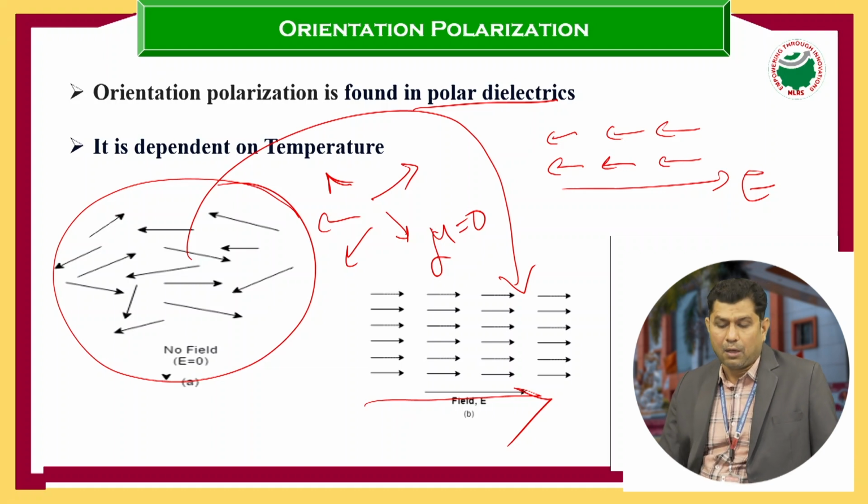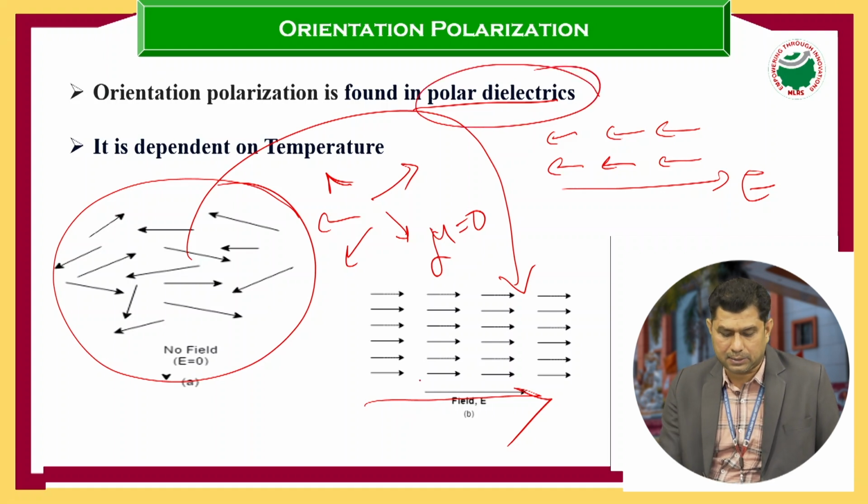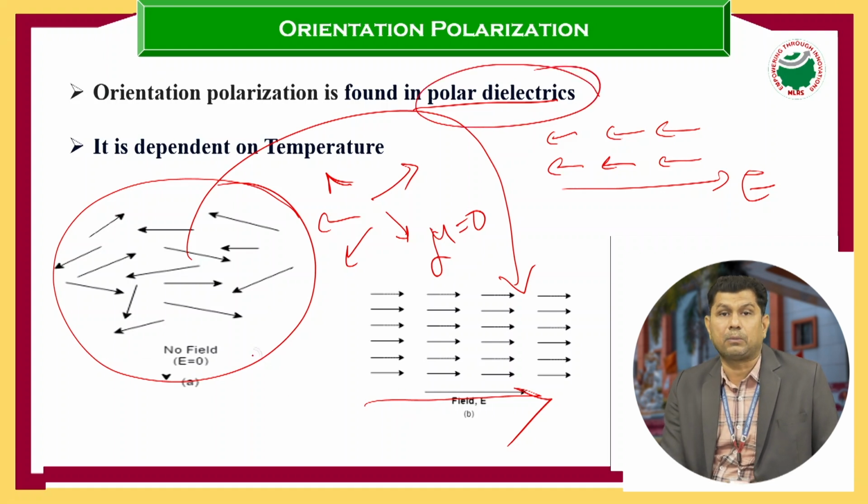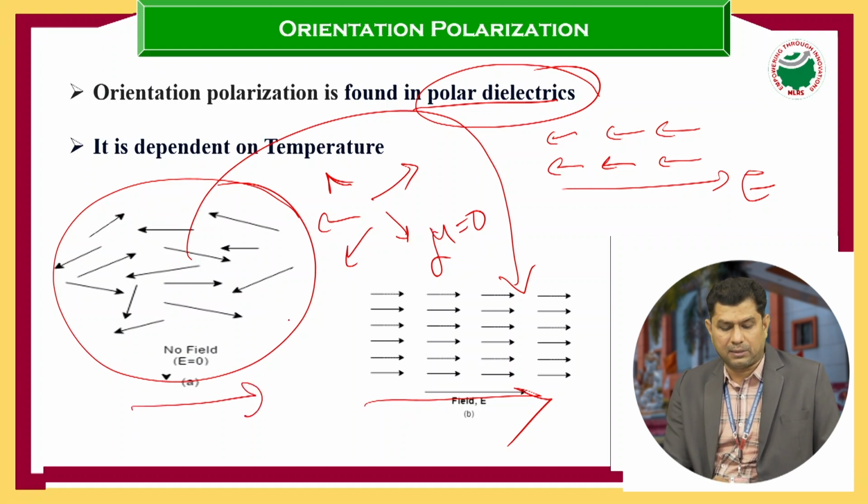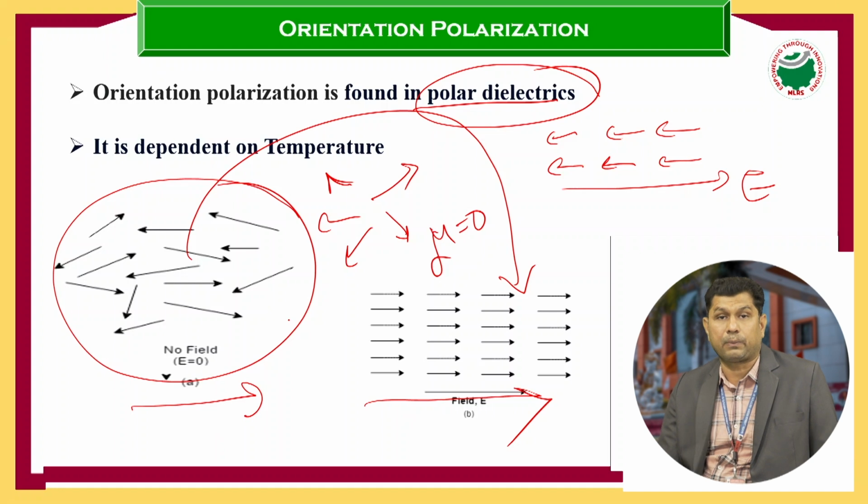That is only the focus here. Orientation polarization is also known as dielectric polarization because in the polar dielectrics, the dipoles are readily available. These dipoles are randomly oriented. By the application of the electric field, these randomly oriented dipoles align systematically in the direction of the applied field.